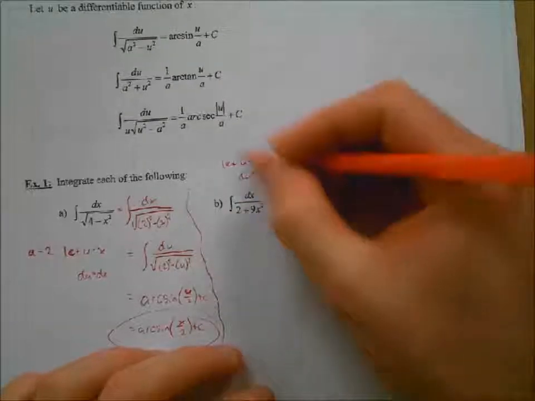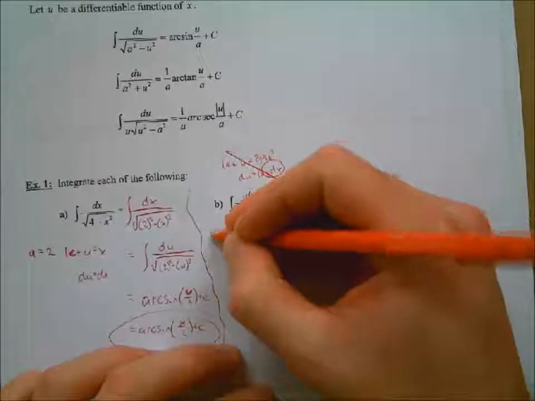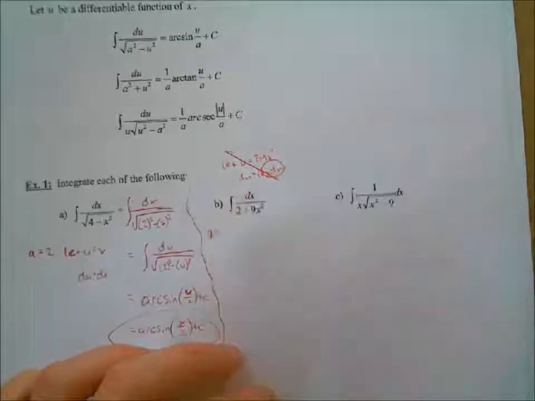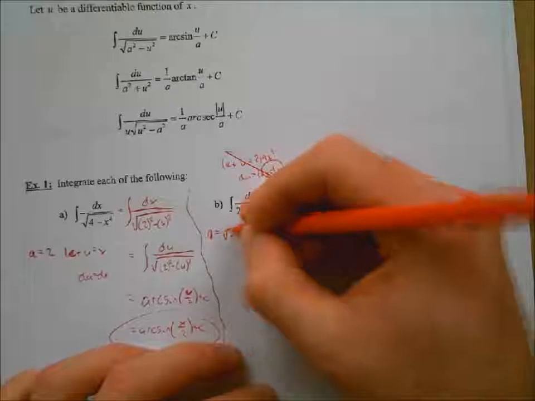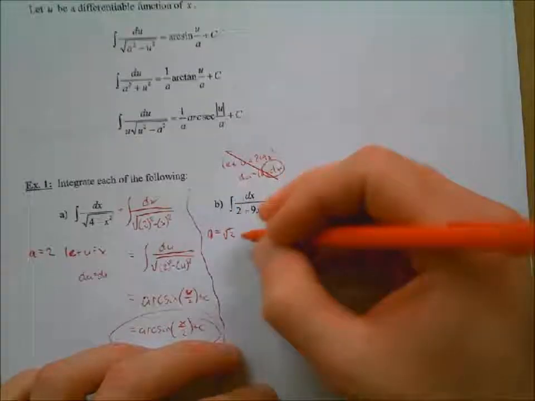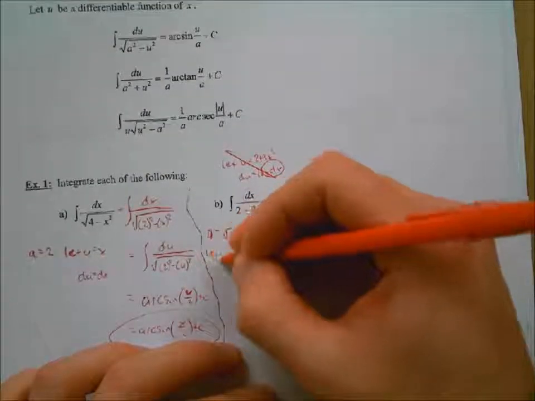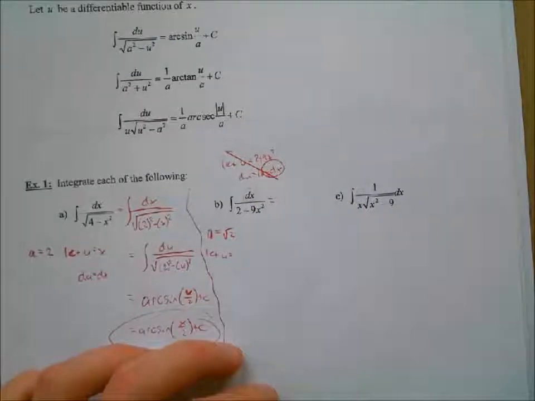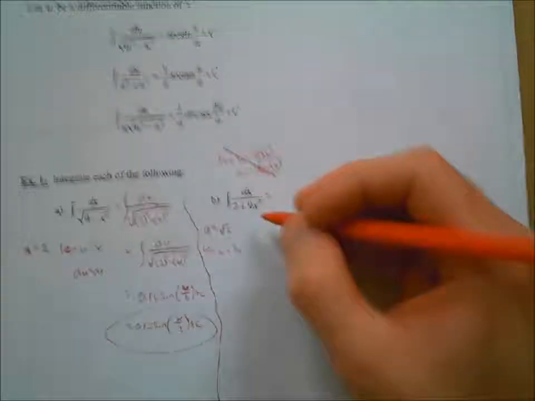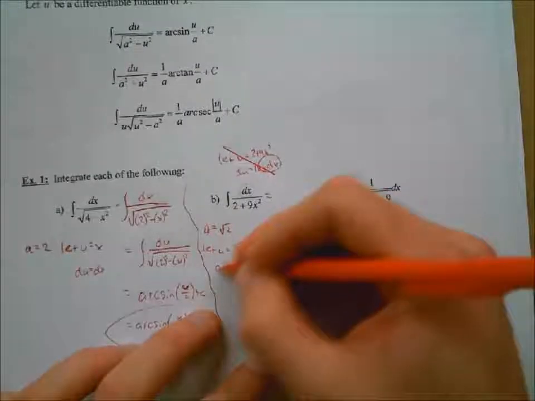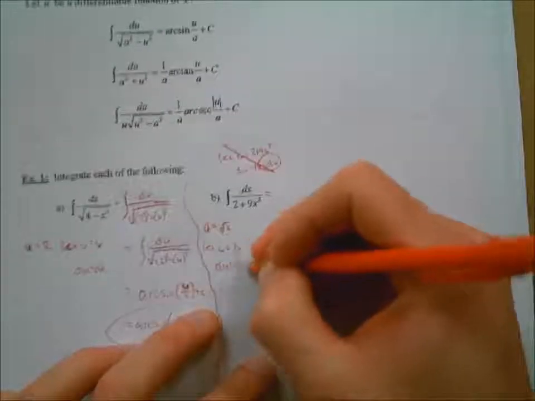Okay? So what is a going to be in this case? Good. The square root of 2. And then our u is going to be what? 3x. Again, good. The quantity that's going to be squared to give us 9x squared is 3x. And so du equals 3 dx.